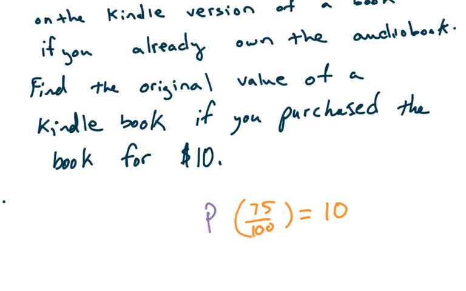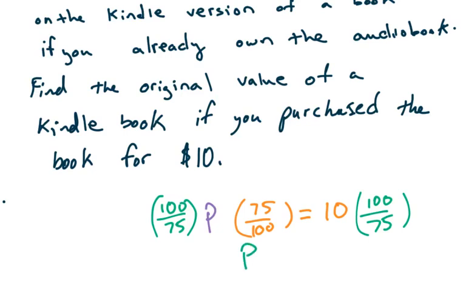We have the principal times 75% of the value would give me the $10 that I purchased it for. So again, same exact thing. We're going to simply multiply by the reciprocal to get P by itself. And whatever that gives me is going to be my answer.